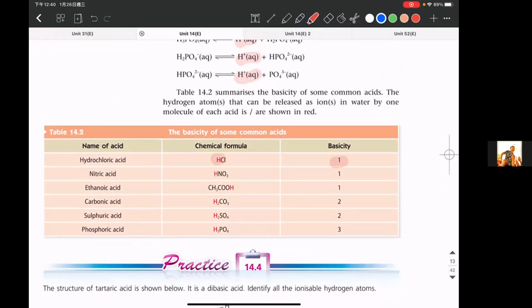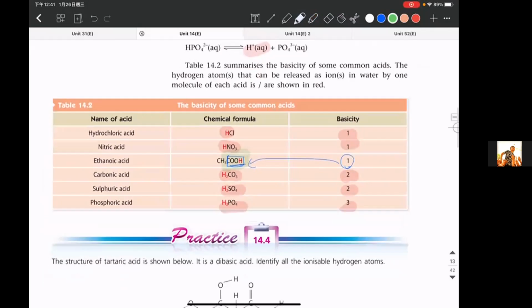Can you see that? This is mineral acid, and this is weak acid. And if you want to talk about organic acid, for the basicity you have to check COOH. Do you understand? Not all hydrogen atoms found inside are said to be ionized.